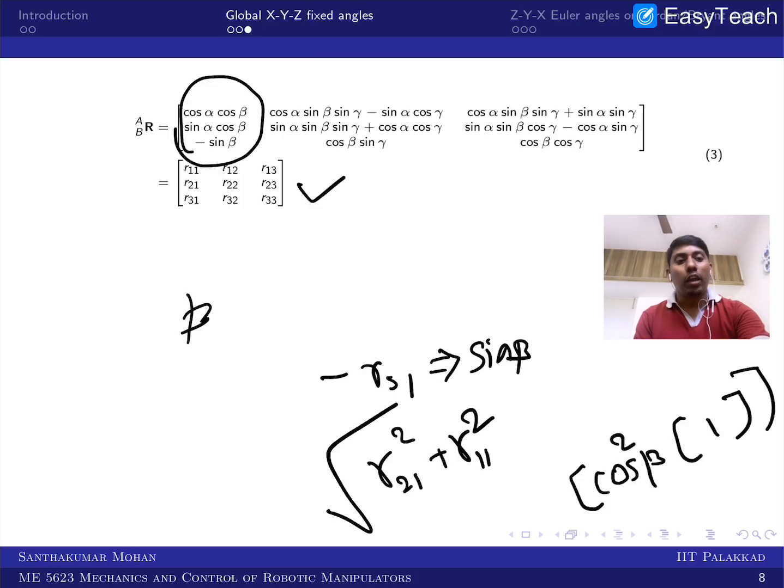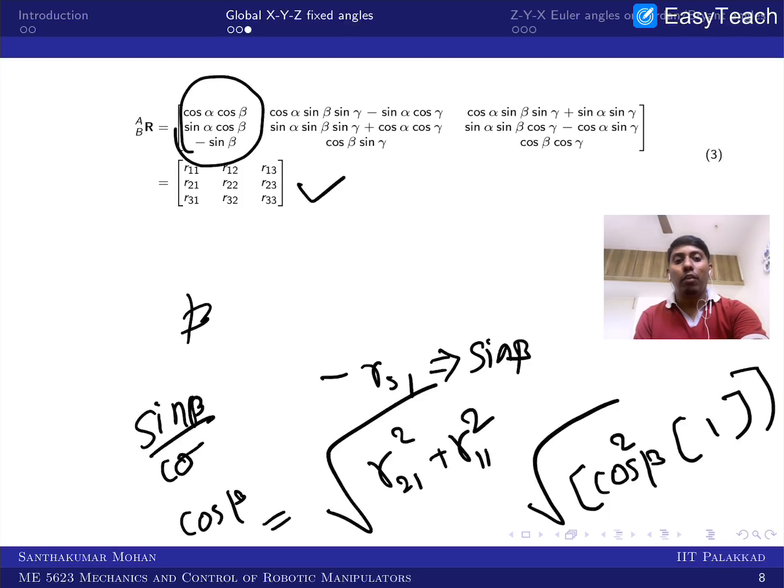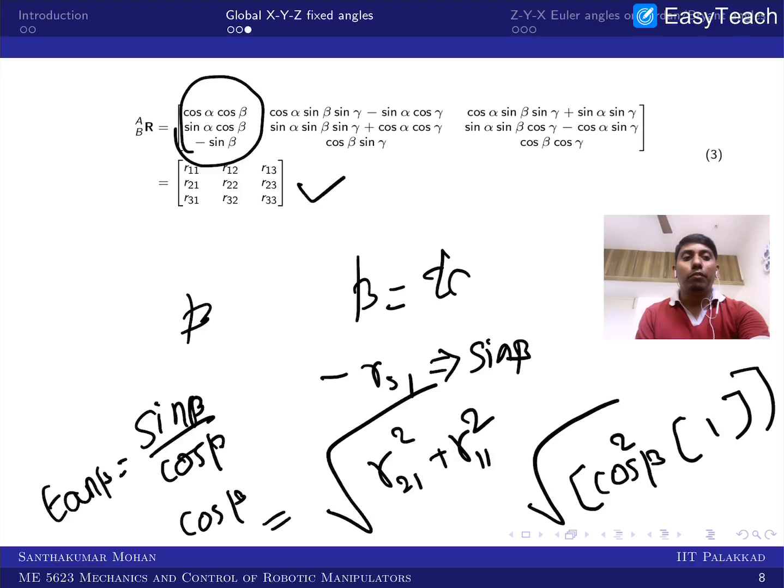And if I take a square root of this, that becomes cos beta, right? So now I take sin beta divided by cos beta, I will get tan beta, right? So now from that I can take tan inverse of sin beta divided by cos beta, I will get this equation.